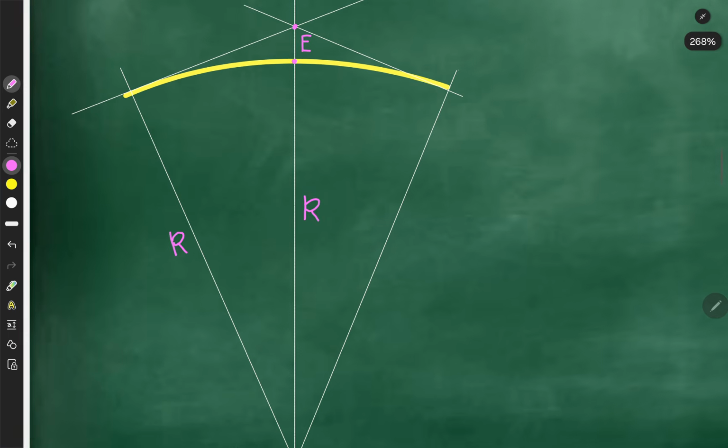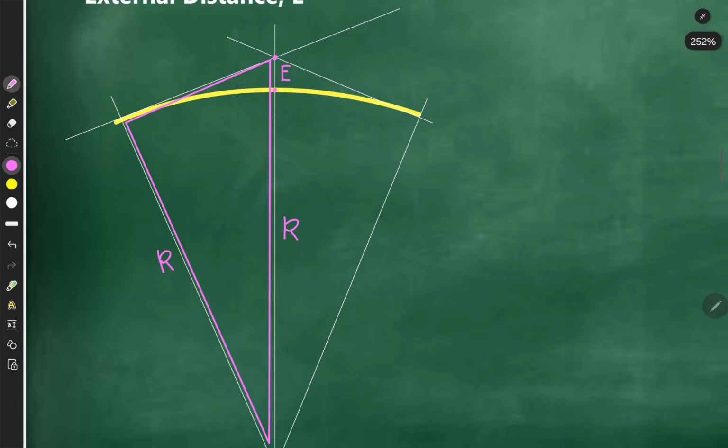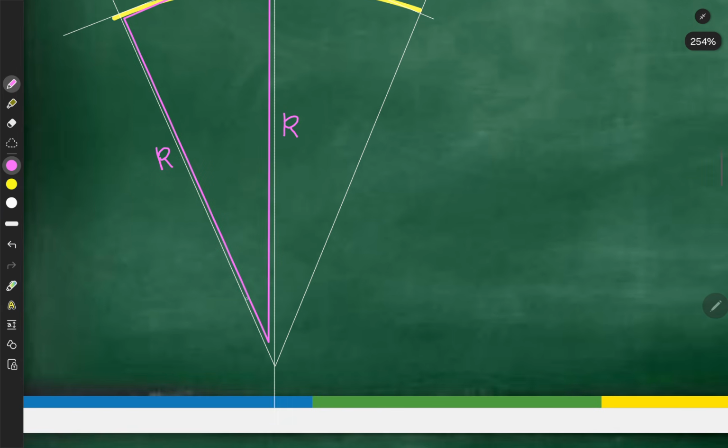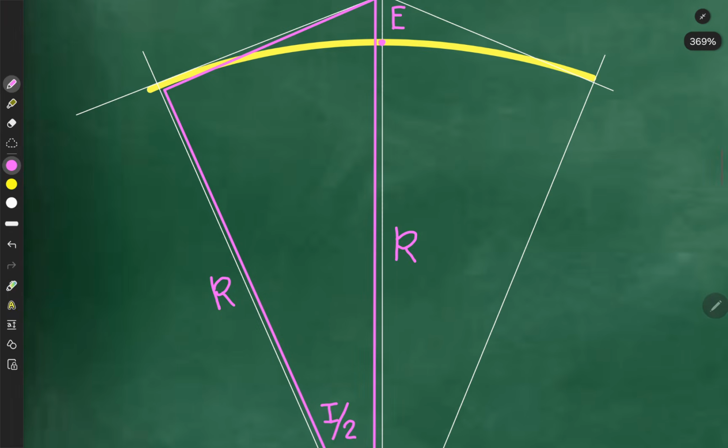And if we are going to consider this triangle, mula dito hanggang dito, this is still I over 2, yung angle na to. This is still a right triangle.